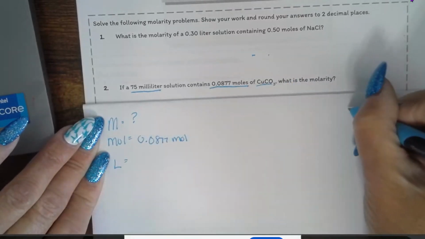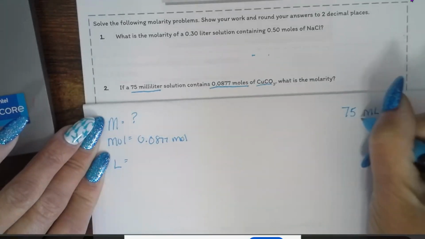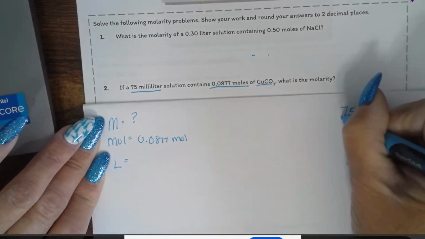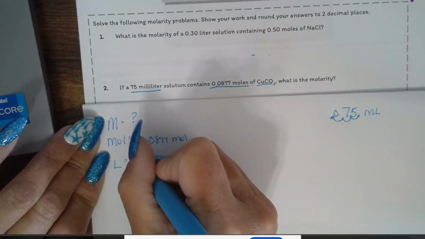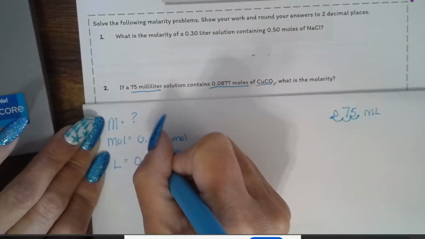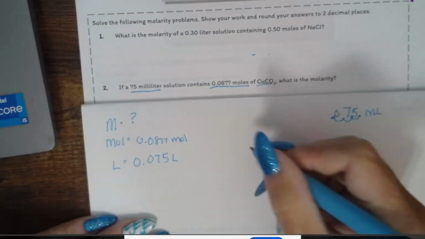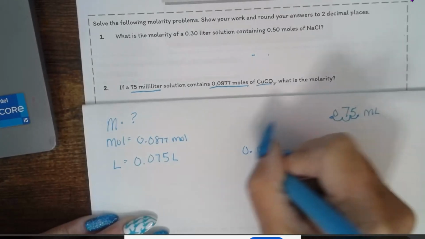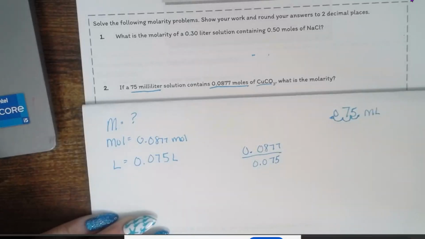Okay, so remember, if I have milliliters, I have to move the decimal. So I'm going to move the decimal 1, 2, 3 places to the left. So my volume is 0.075 liters. All right, now we just plug this into our formula. 0.0877 divided by 0.075.